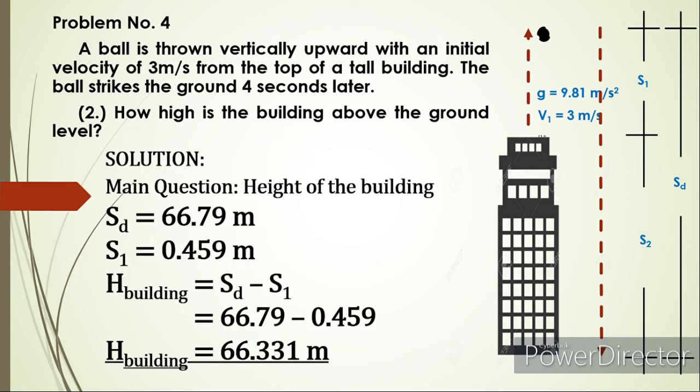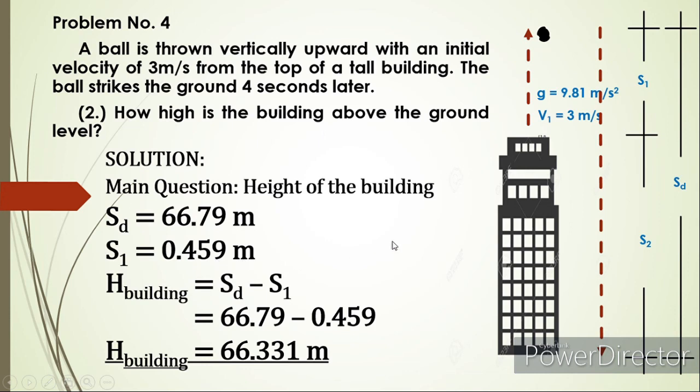So ngayon, since ang question is height of the building, meron tayong distance travel downward na 66.79. So mula dito sa highest peak hanggang doon sa pinakababa na 66.79. Then meron din tayong distance na tinravel kanina mula doon sa top ng building papunta doon sa highest peak, which is S1, which is 0.459 meters.